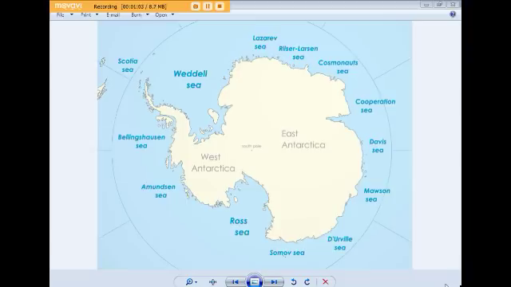What we're looking at first is just a map of Antarctica, which is the South Pole. So it's at the bottom of the globe. Here's the South Pole, and it's divided into two parts. We have East Antarctica on the right and West Antarctica on the left.